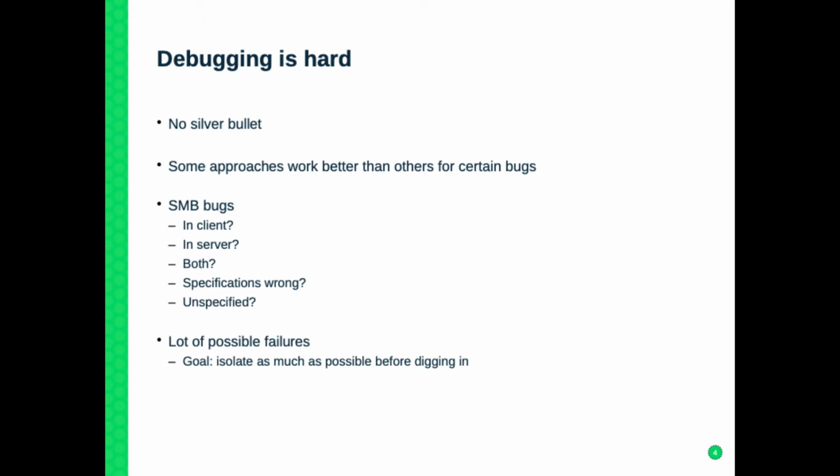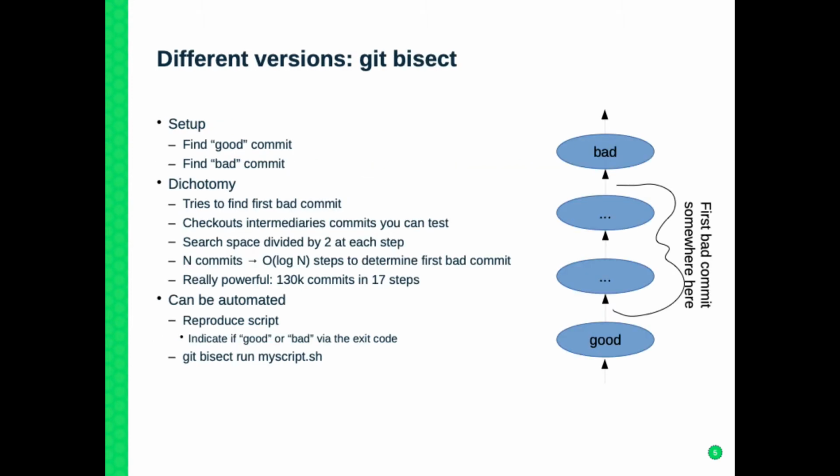dig in the code. So the most obvious one, which I'll briefly go over because I'm guessing most people are familiar with this one, is bisection. With Git or any version control, you can find a good commit and a bad commit, and basically you can iterate by picking one in the middle and finding out if it's good or not.